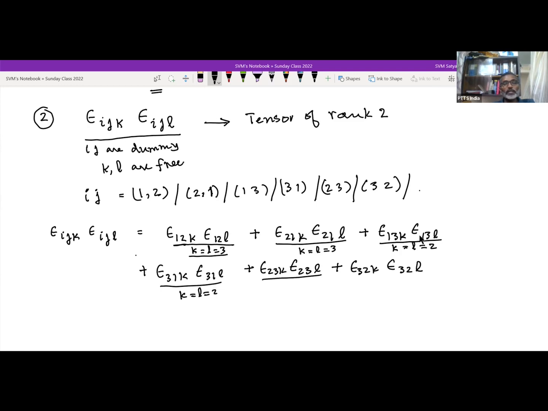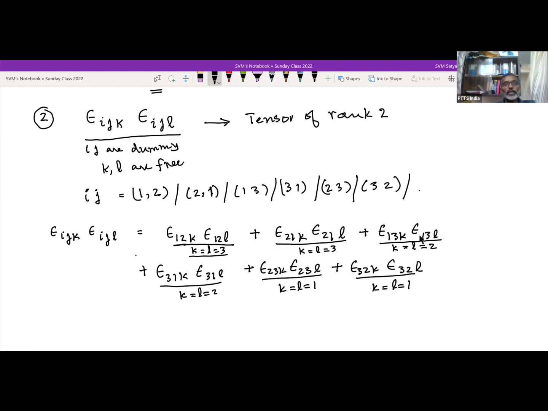And this is non-zero if k is equal to l is equal to 1, and this is also non-zero only if k is equal to l is equal to 1. So from these, whatever k is, l also should be the same. But that means what? k should be same as l. Only then this is non-zero.